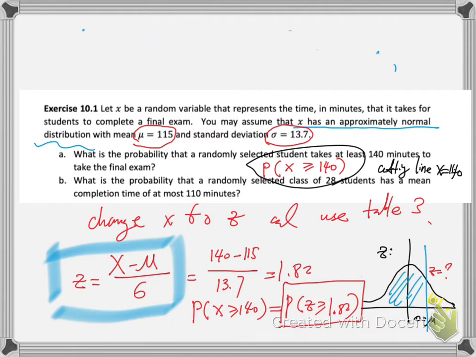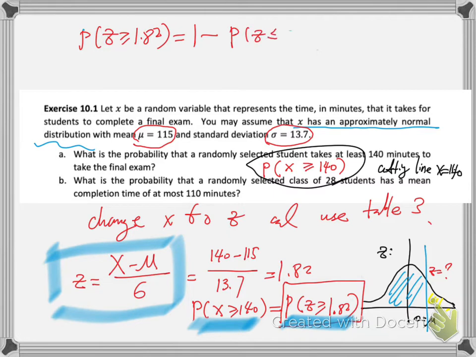First we change the probability of X to the probability of Z by using the formula. Now we need table 3. The probability Z greater than or equal to 1.82 is 1 minus the blue area, which gives the yellow area. In table 3, 1.82 gives 0.9656.